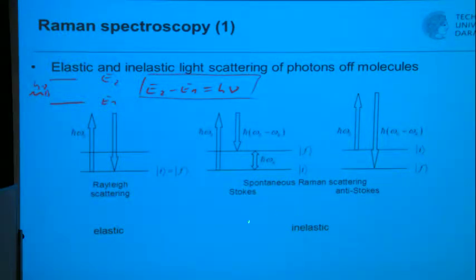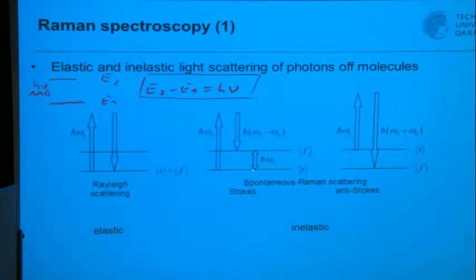You can have as well an inelastic scattering process where the exciting frequency and the scattered frequency are not identical, such that you have an energy transfer from the initializing wave to the molecule.